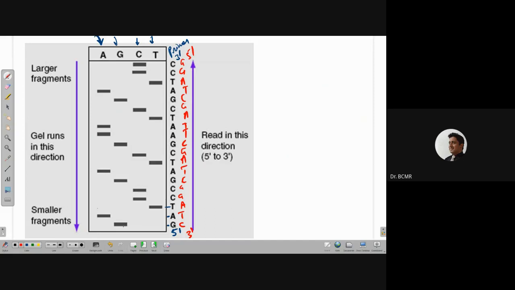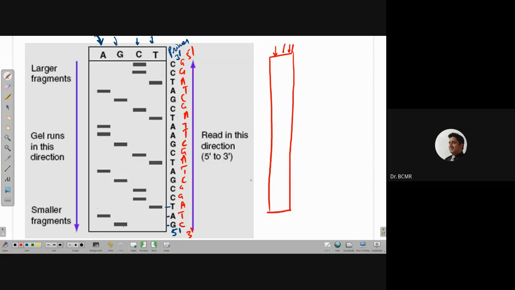Sometimes the gels used to be very long sequencing gels, sometimes up to 2 meters or 1.5 meters maybe. People used to climb a ladder and load them so that they could read larger sequences. That was the idea at that time.